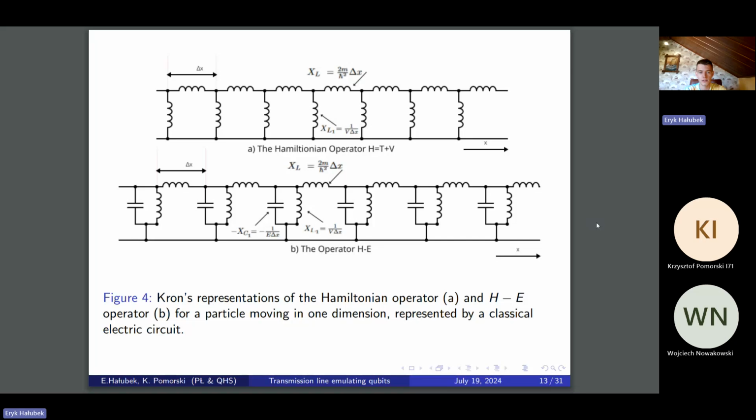And here we can see in figure 4 how different operators could be represented in our circuit models. It's obviously for a particle moving in one dimension.